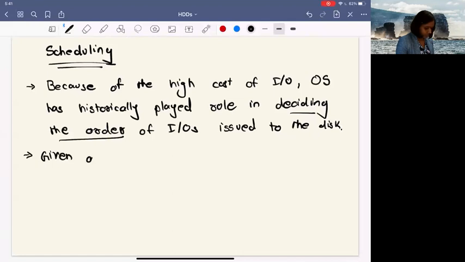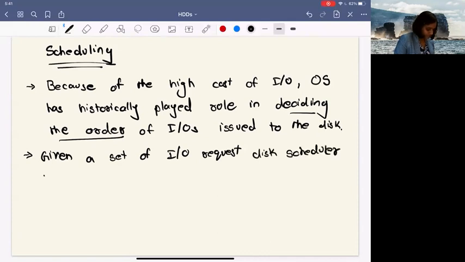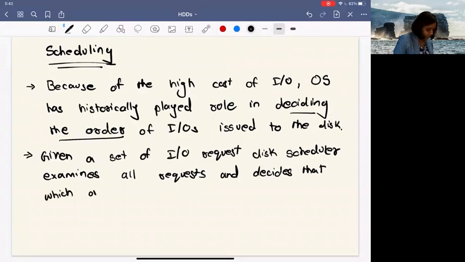Now, given a set of IO requests, disk schedulers examine all requests and decide which one to schedule next.